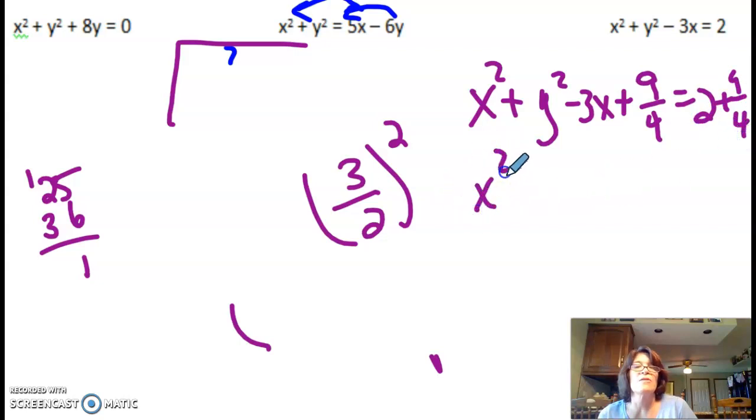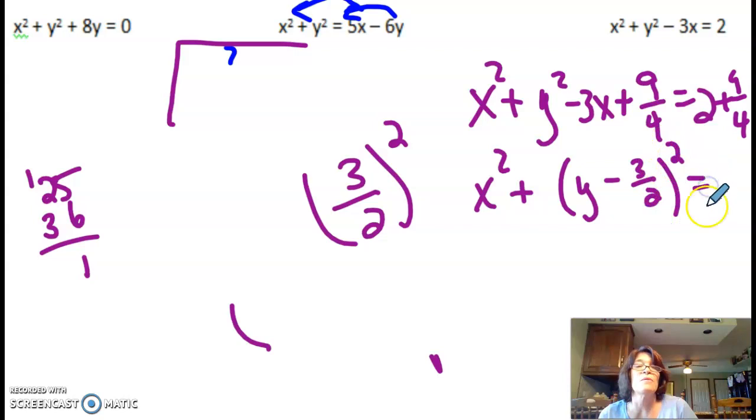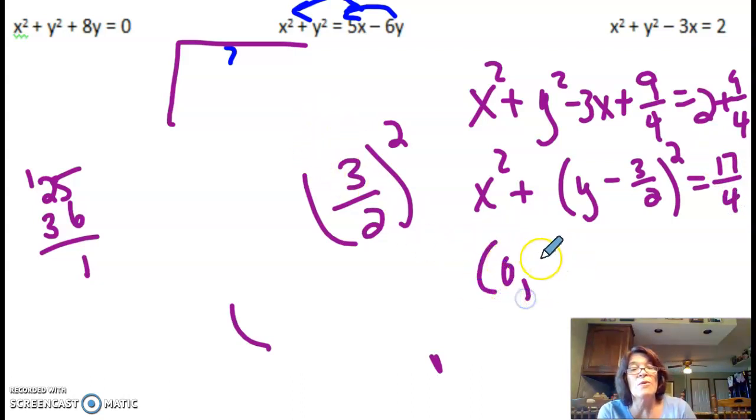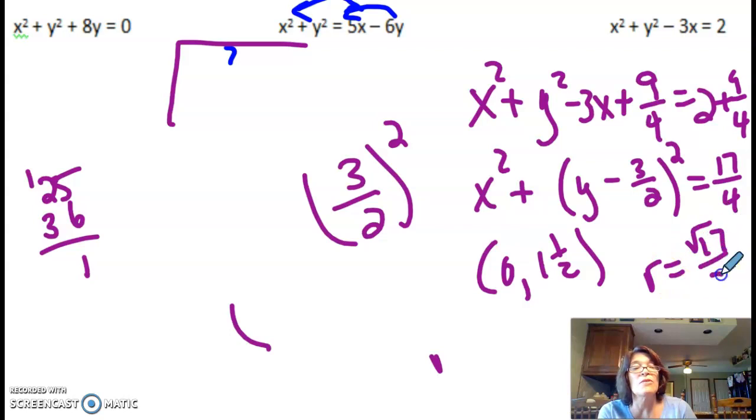So that gives me x squared plus y minus half of 3, so 1.5. Y minus 3/2 squared equals, let's see, 2 is 8/4, so let's go with 17/4. My center is 0, 1.5, and my radius is the square root of 17 over 2. Okay, if you want to know what that is about, you can use your calculator.